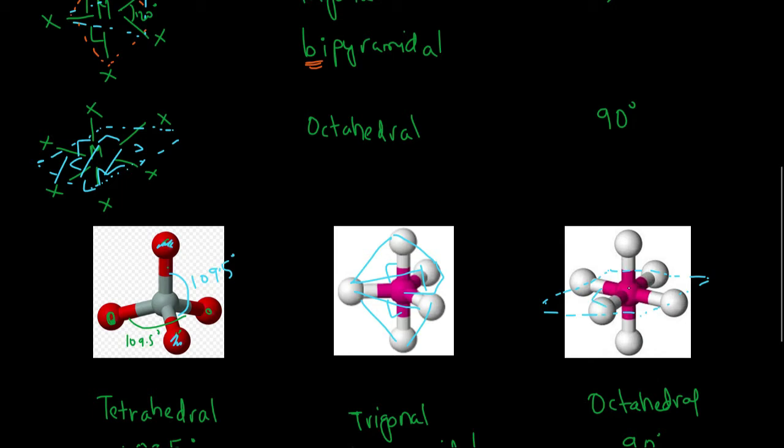So these guys have a separation of 90 degrees from each other. And then this guy at the top and this guy at the bottom, they're at 90 degrees to the plane, right? So all the bond angles are 90 degrees.